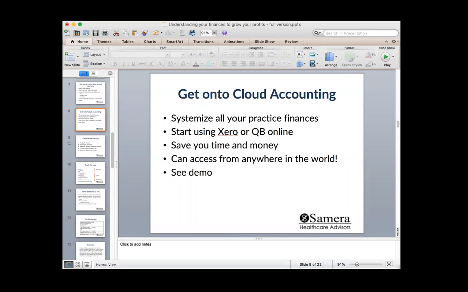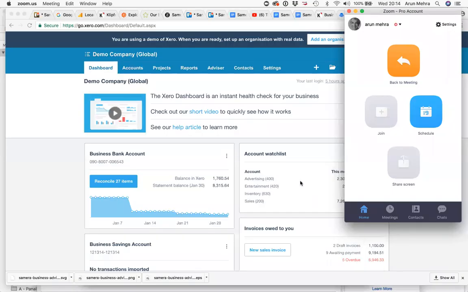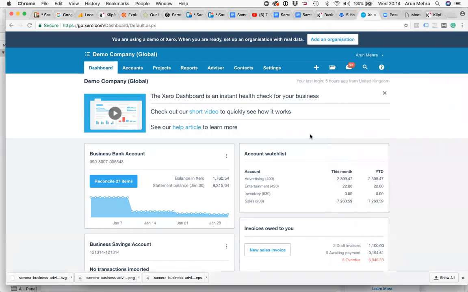So what it does, how it can really help you. Now, this is a dummy client of Xero, and as you can see at the top here, it sits on the cloud, it sits on the web.